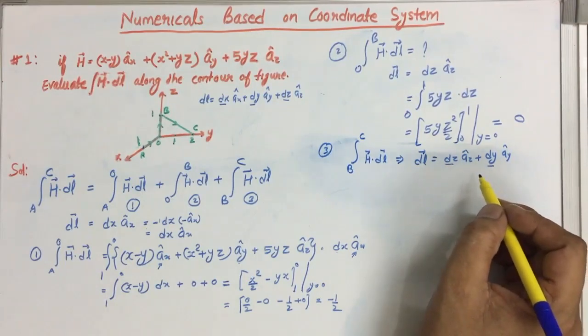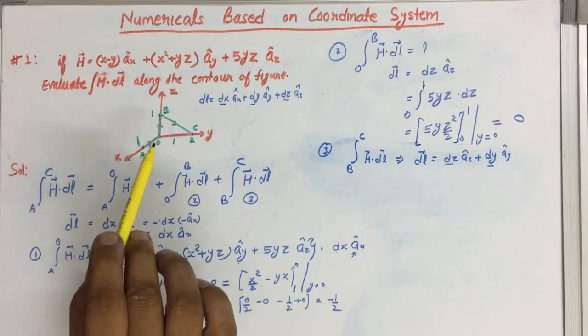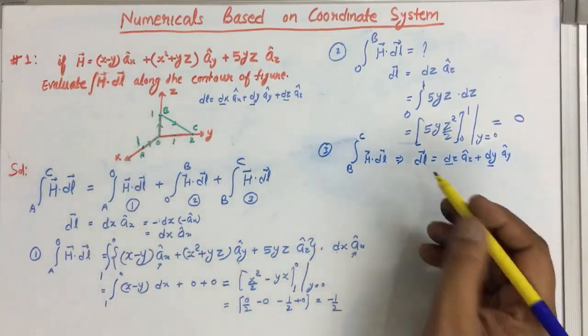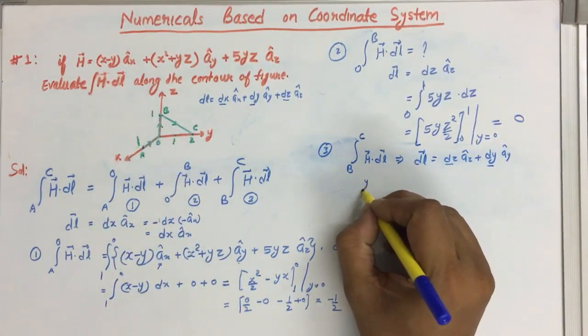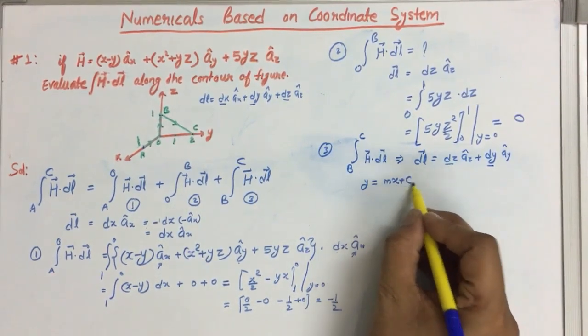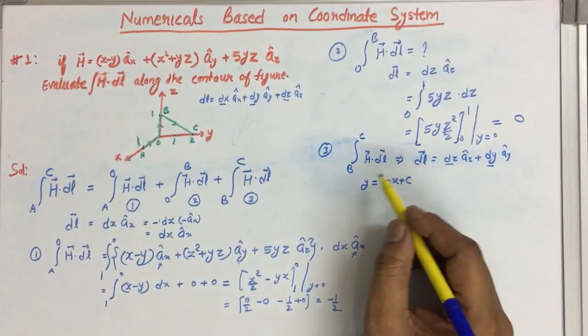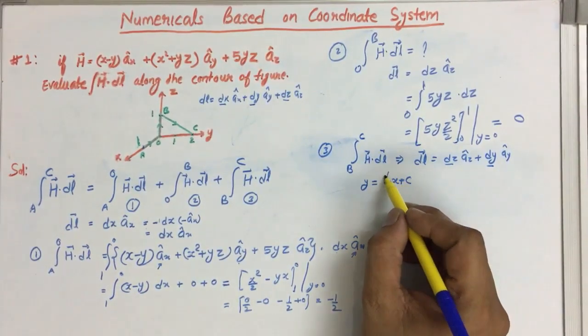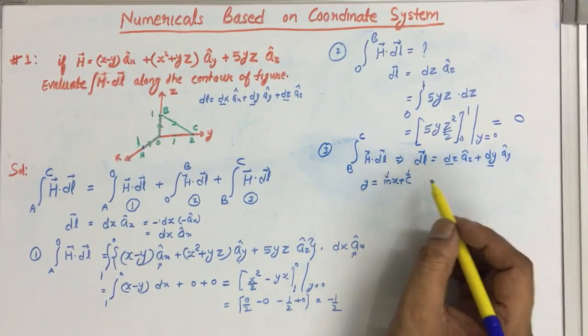Now try to write the equation of this line. On the basis of the equation of the line, we know y is equal to mx plus c for any straight line, where m is the slope of the line and c is the y-intercept.